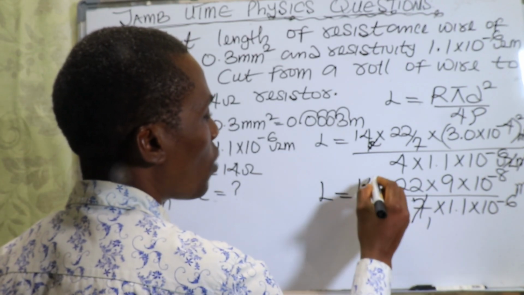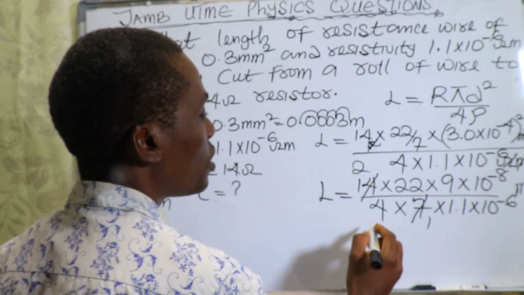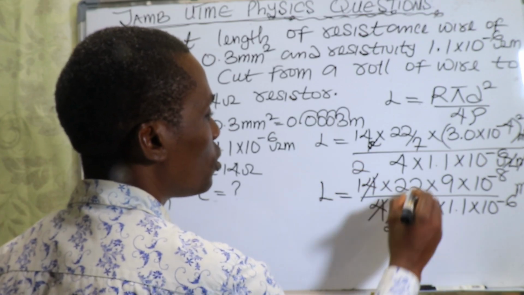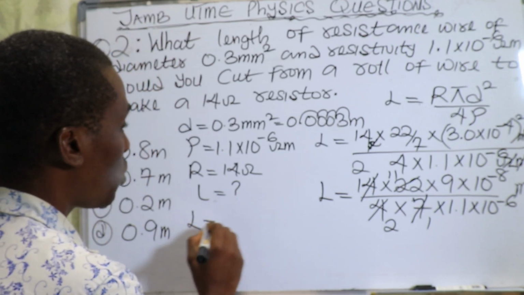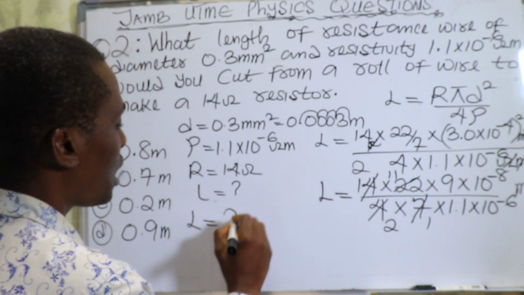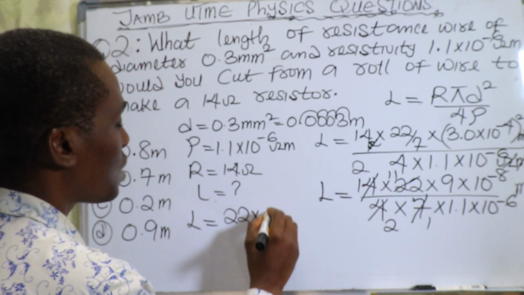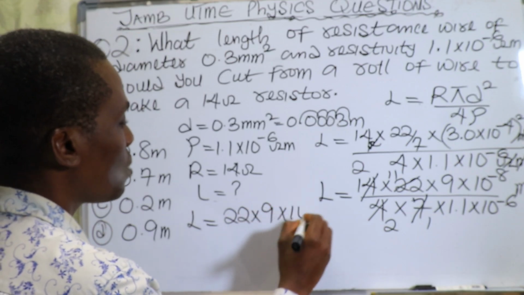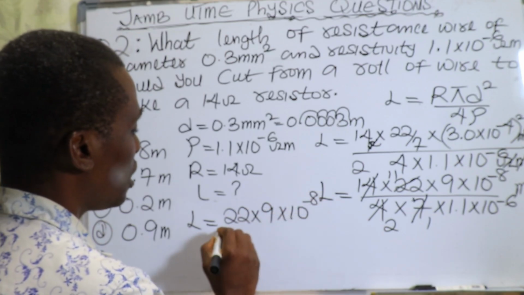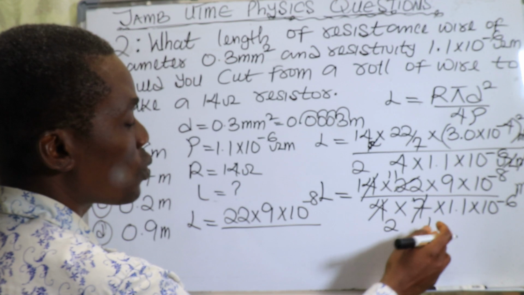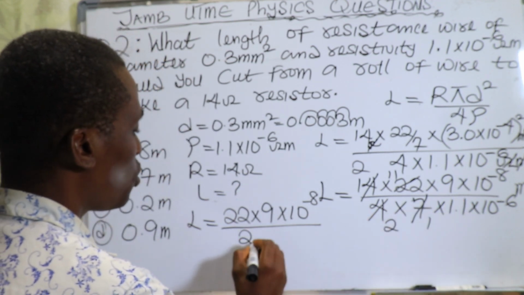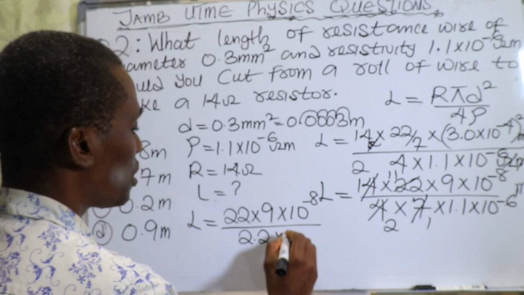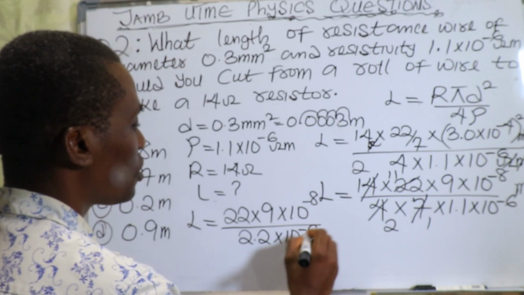7 here will give me 1, 7 here will give me 2, 2 here will give me 2, 2 here will give me 11. So my L will be equal to 2 times 11, 22, times 9 times 10 to the power of minus 8, divided by 2 times 1 will give me 2, 2 times 1.1 will give me 2.2 times 10 to the power of minus 6.